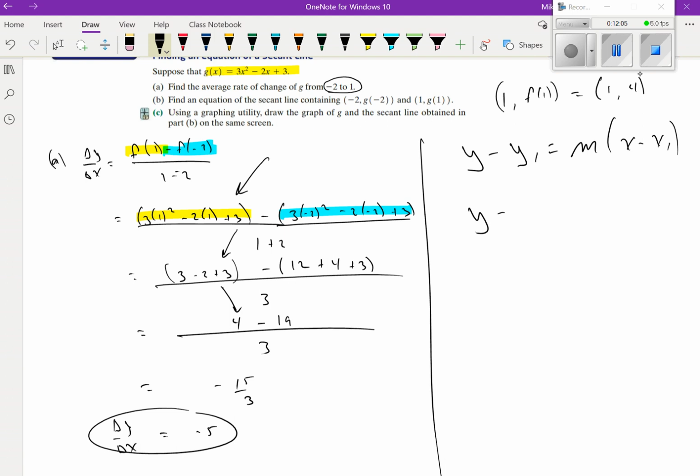So I can do y minus 4 equals my slope. So the slope between these items was negative 5. And then x minus the x value. So if all I want is an equation, that's an equation that would work. I could have also plugged in negative 2 and 19. Negative 2, 19 would have also been acceptable.